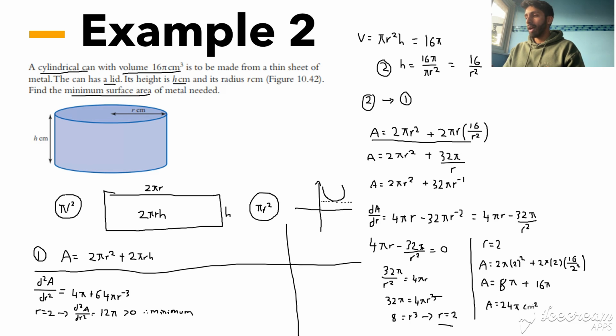Then we plug that back into our area formula to work out the minimum surface area. To prove that it's a minimum, we work out the second differential. If the second differential is greater than 0, we say this is a minimum point. If it is less than 0, we say it's a maximum.